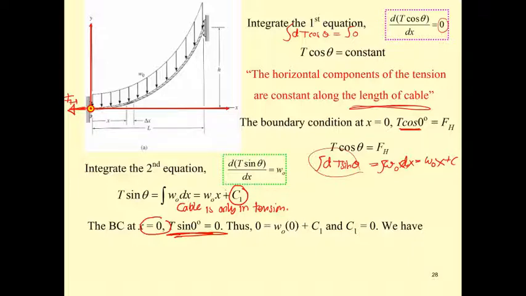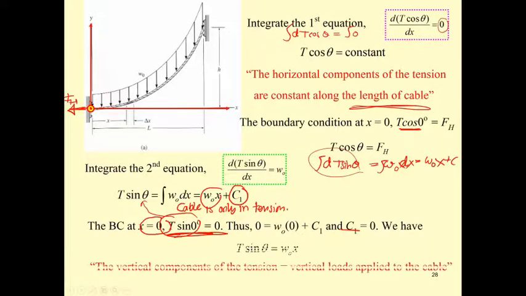If you put this in, it's going to be T sin 0, which is 0, and also this one is going to be 0. So C1 is 0. Then you get T sin θ equal to w x, the vertical component of the tension, equal to the vertical load applied to the cable, equal to the resultant of the uniformly distributed load.